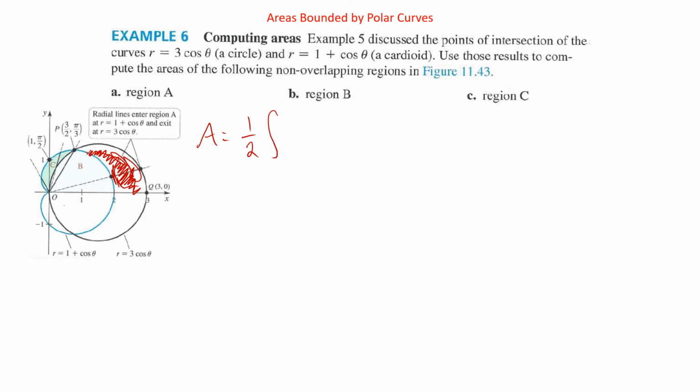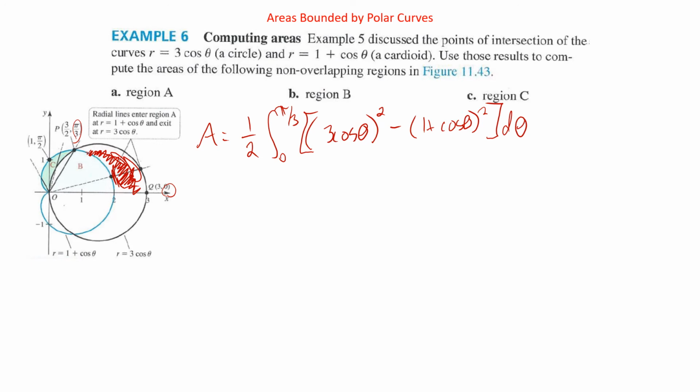We're going to start at 0 and go to pi over 3. 0 to pi over 3 of the circle, 3 cosine theta squared, minus the cardioid, 1 plus cosine theta squared d theta.